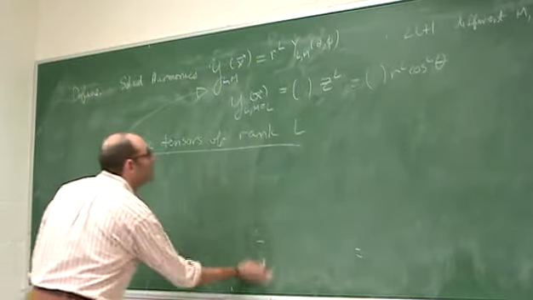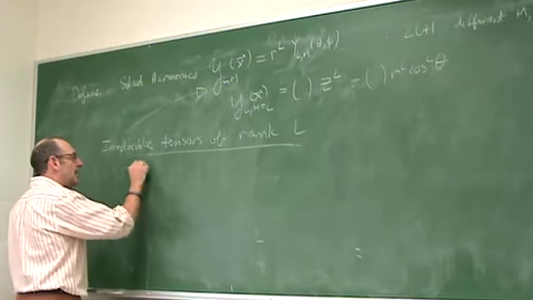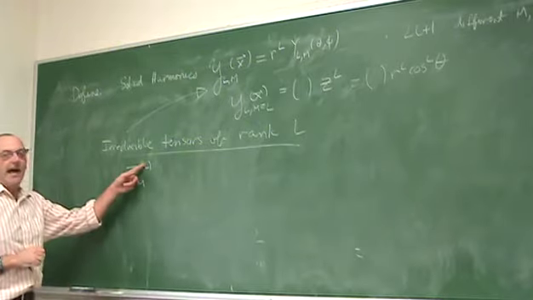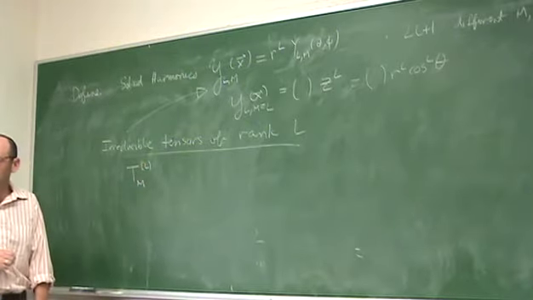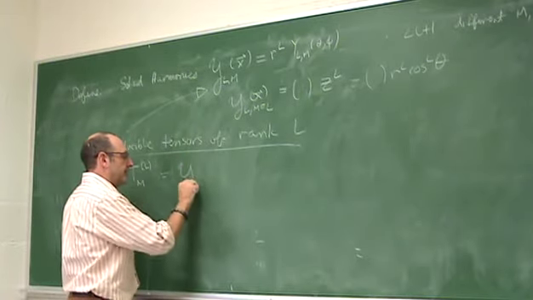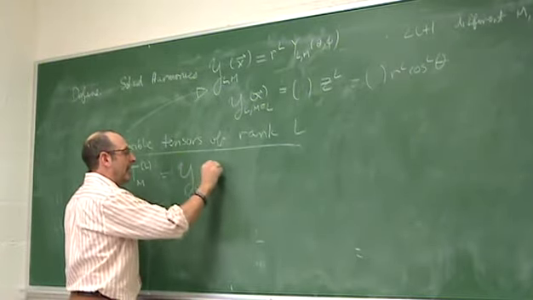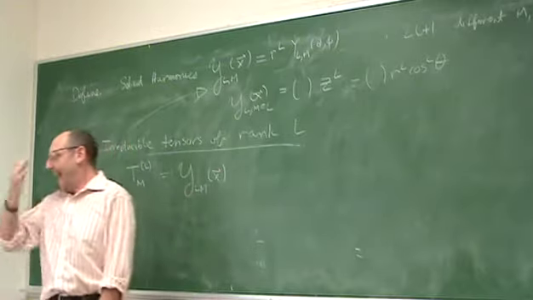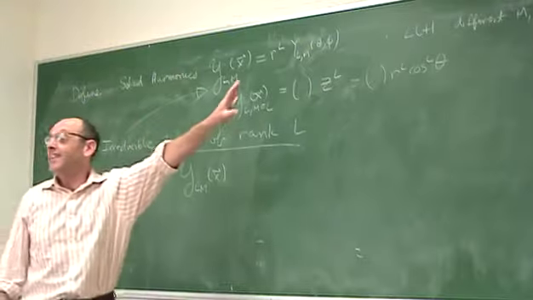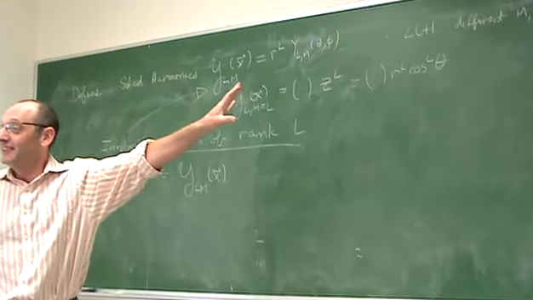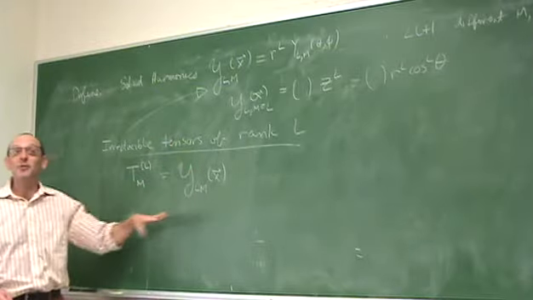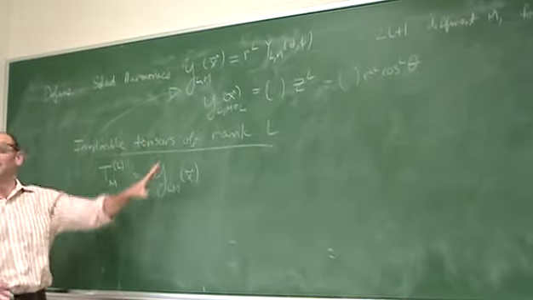If I define T_LM, my irreducible rank L tensor with components M, as this solid harmonic, this is an example, but anything that transforms in the same way, the way we said anything that transforms like position was a tensor, anything that transforms like this collection of polynomials is an irreducible tensor.